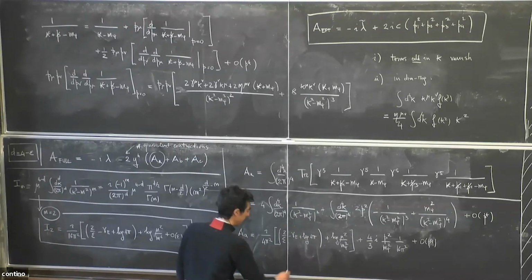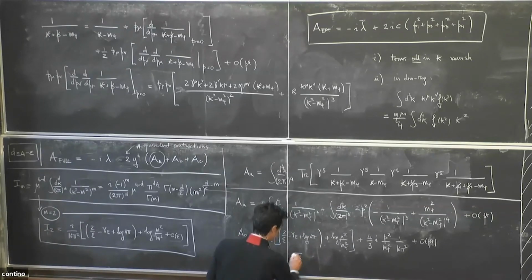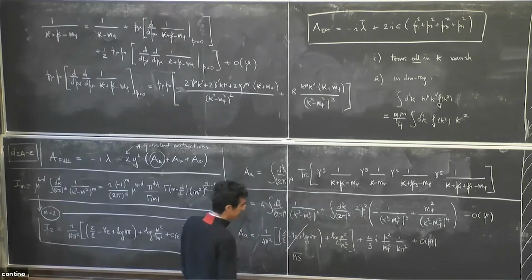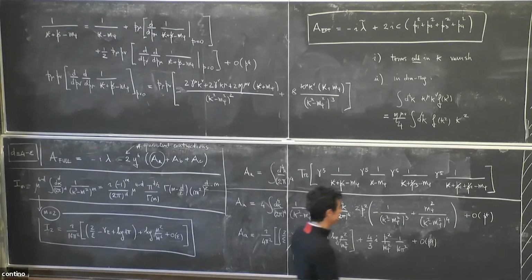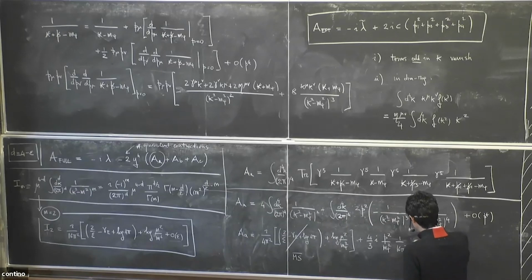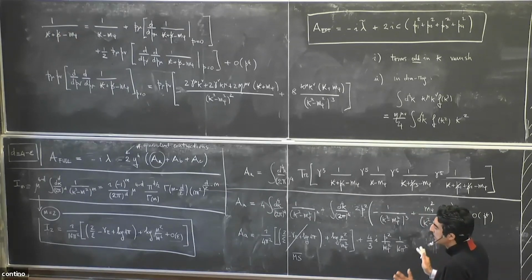In the MS-bar scheme, this term is canceled. How do you cancel it? Well, you can introduce counterterms, and again, we are working in the full theory, which is a renormalizable theory, so there is no complication.